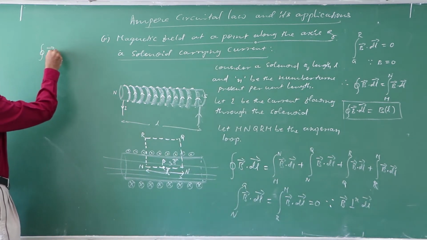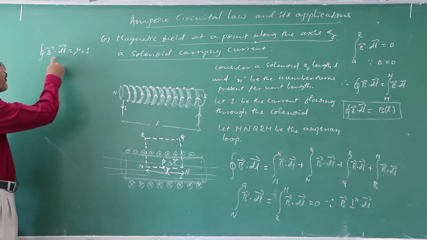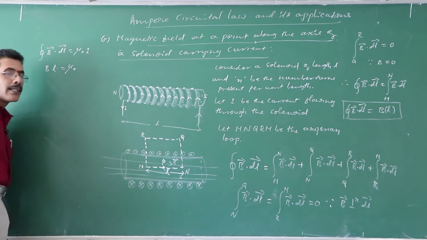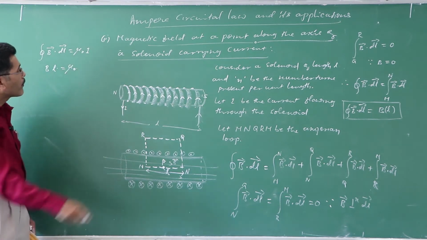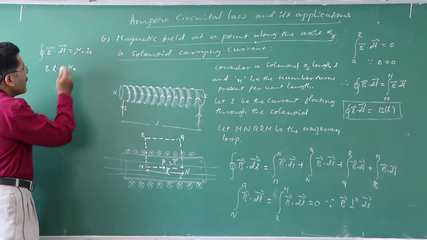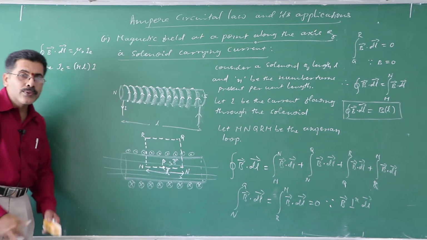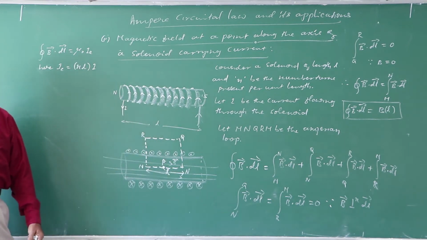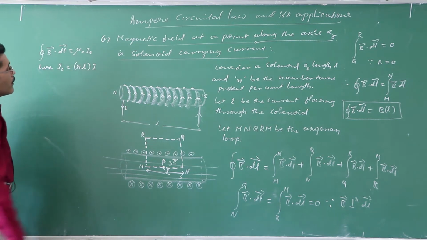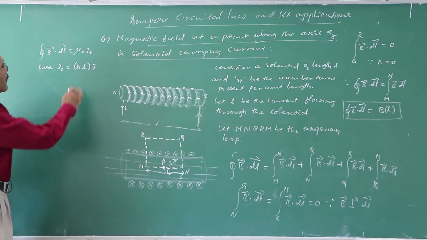Ampere's circuital law says that the closed integral of B dot dl is equal to mu naught into I. We have got this value B into L equals mu naught into I. Here I is the current enclosed, say I_e, which is equal to N into L into I, the current flowing through only this particular length of the Amperian loop, where N is the number of turns per unit length. I take the length as capital L.